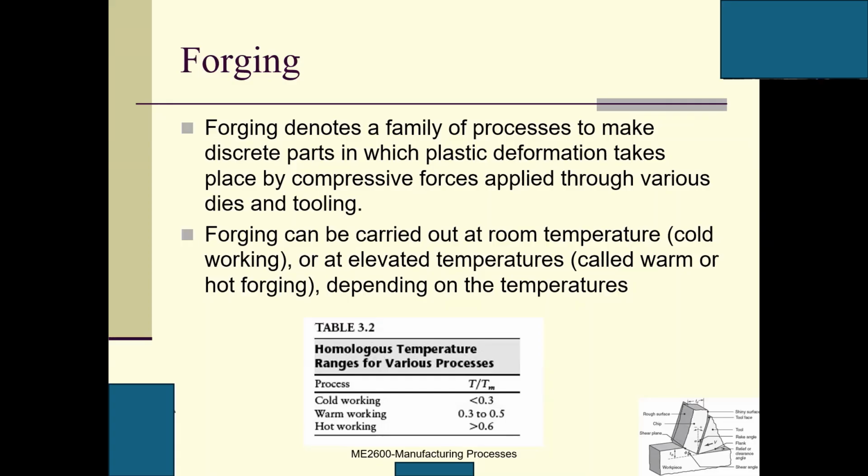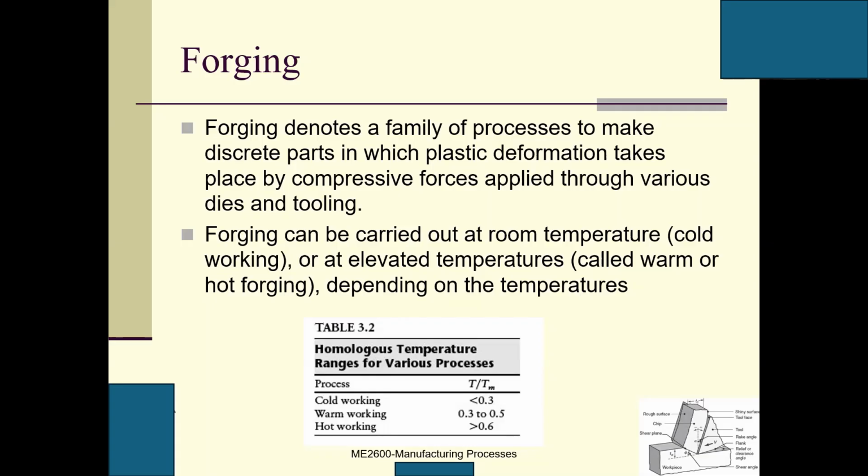So this is for this textbook. If I ask you how we can categorize the working, you need to tell cold, warm, and hot working. Or you use another one: I said cold working and hot working, and the demarcation line is the recrystallization temperature. But here, Tm is the melting temperature, and Tm is different from the recrystallization temperature. Okay?